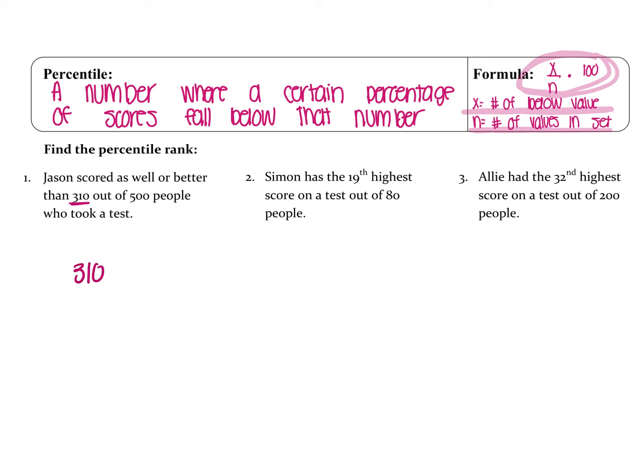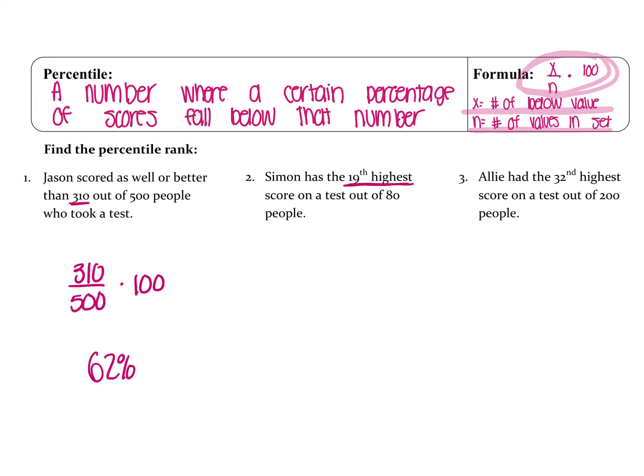So this would be 310 over 500, times 100. When I do 310 divided by 500, I get about 0.62, which multiplying by 100 and converting to a percent gives me 62%.